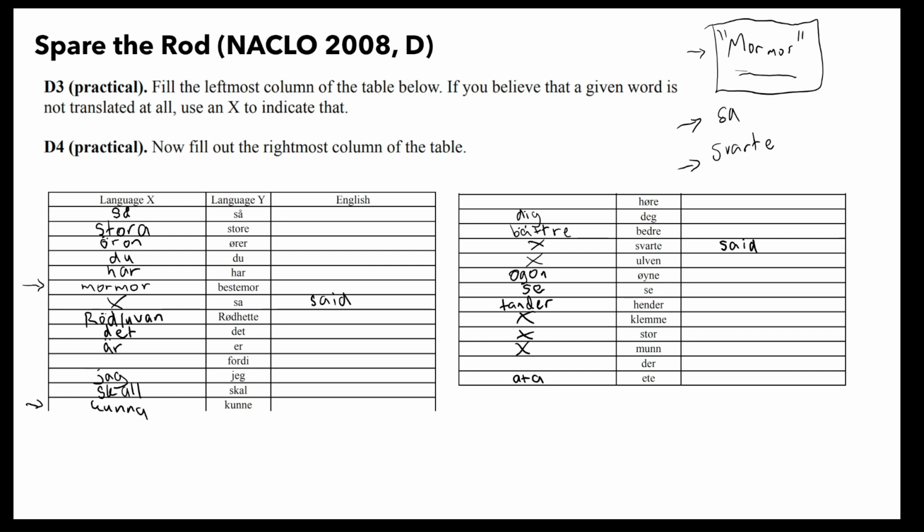So we mapped X1 to Y3, so let's go over to Y3, and we'll see that it says, Sa stor oine du ar bestemor sa rodet, right? Bestemor definitely maps to more.